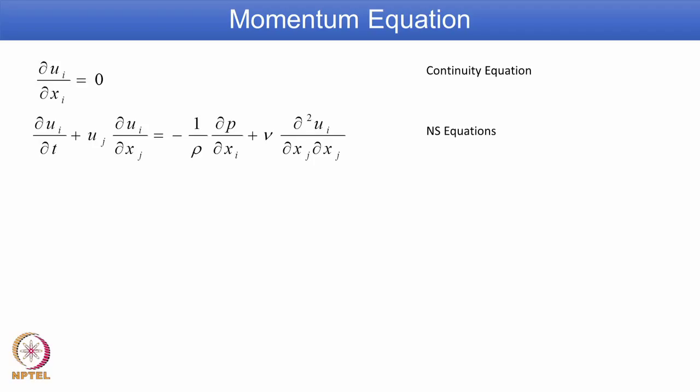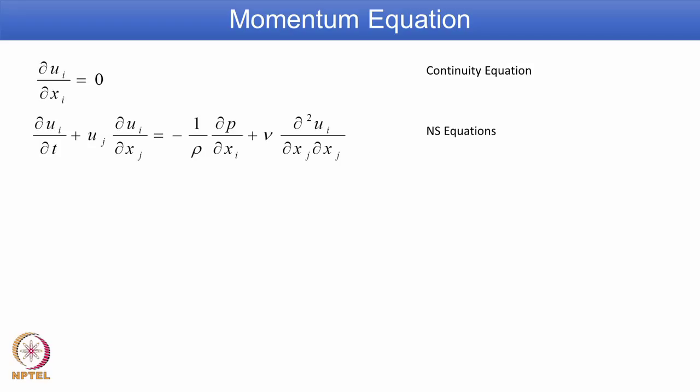In the next term, u_j ∂u_i/∂x_j, u_i appears only once, whereas the index j appears twice. So for every value of j it will be one term, but then they are summed up. That is the rule we learned: if the index is repeating, then it is a summation, otherwise each is a single term.